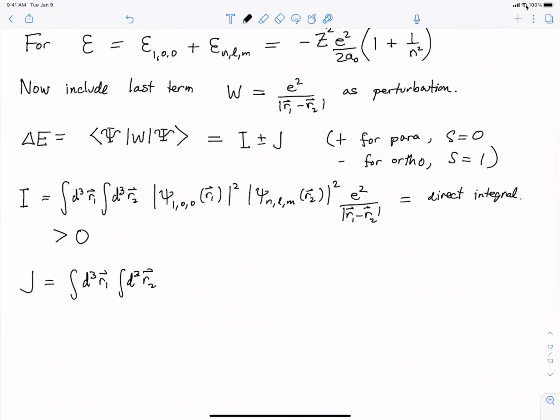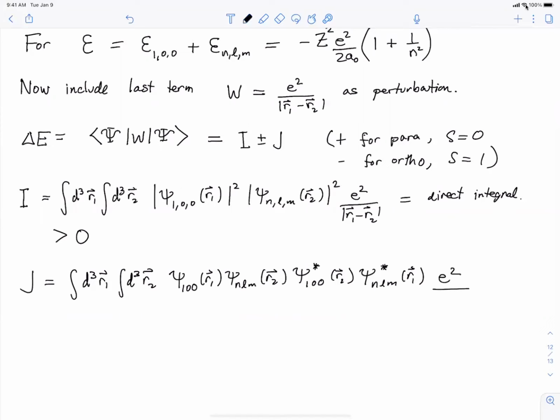And so the answer is psi 100 of R1, psi NLM of R2, and then psi 100 complex conjugate, which actually doesn't do anything here because it's a real wave function, of R2, and psi NLM complex conjugate of R1. Now there it does do something because the higher spherical harmonics are not all real. Okay, and then I need to write my perturbation Hamiltonian here.